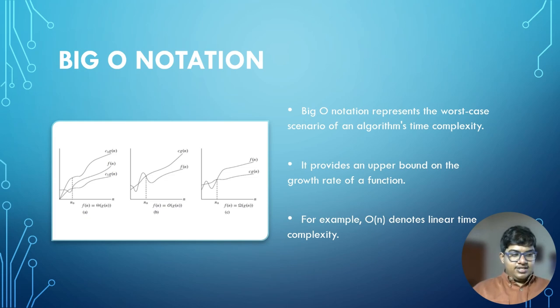It goes like this: you have 1, log n, n log n, n squared, n cubed, 2 to the power of n, n to the power of n, and it goes on. Here n is your average case. Before n, that is 1 and log n, is your lower bound, and after that is all your upper bound.